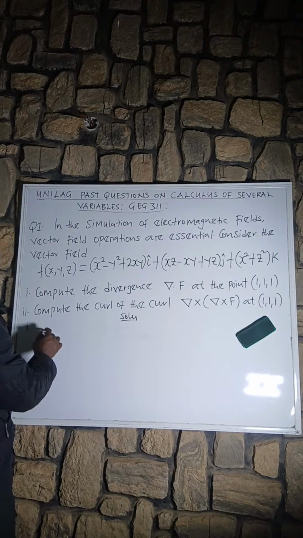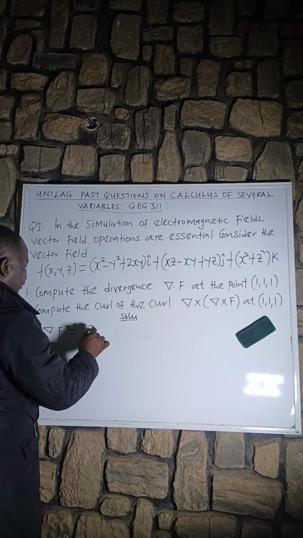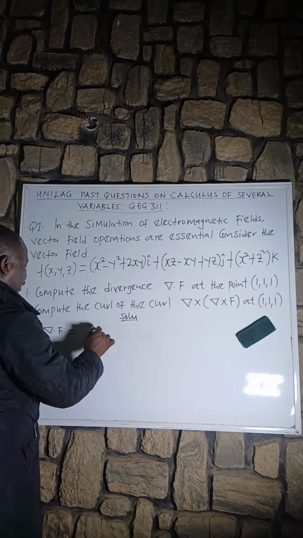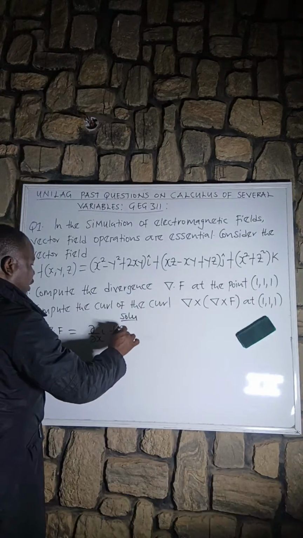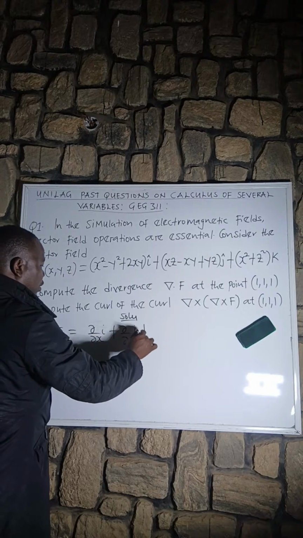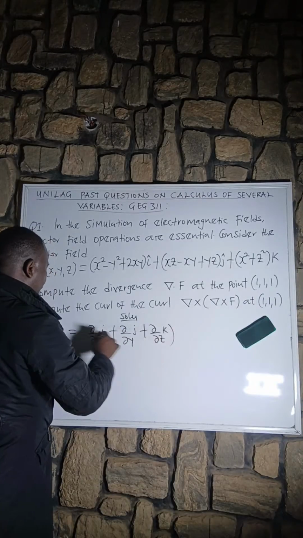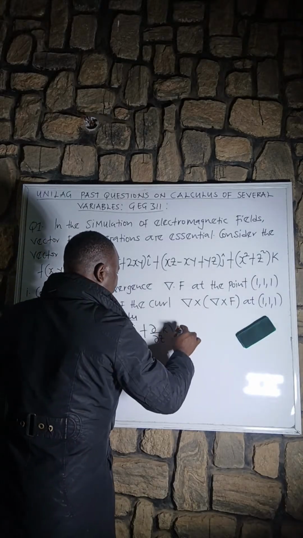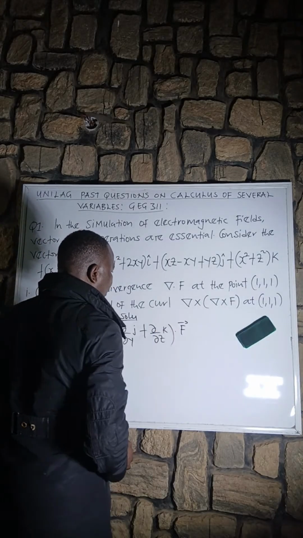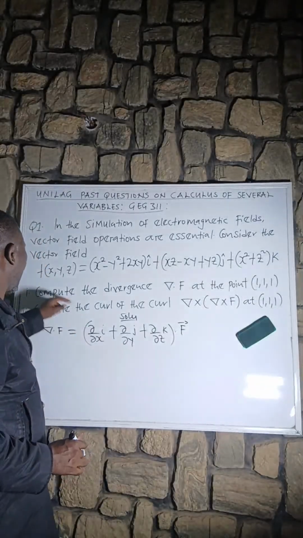It implies that divergence, del dot F, is equal to partial over partial x i plus partial over partial y j, take note, plus partial over partial z k, then dotted with the vector function F. This is the formula that you will use to obtain this.